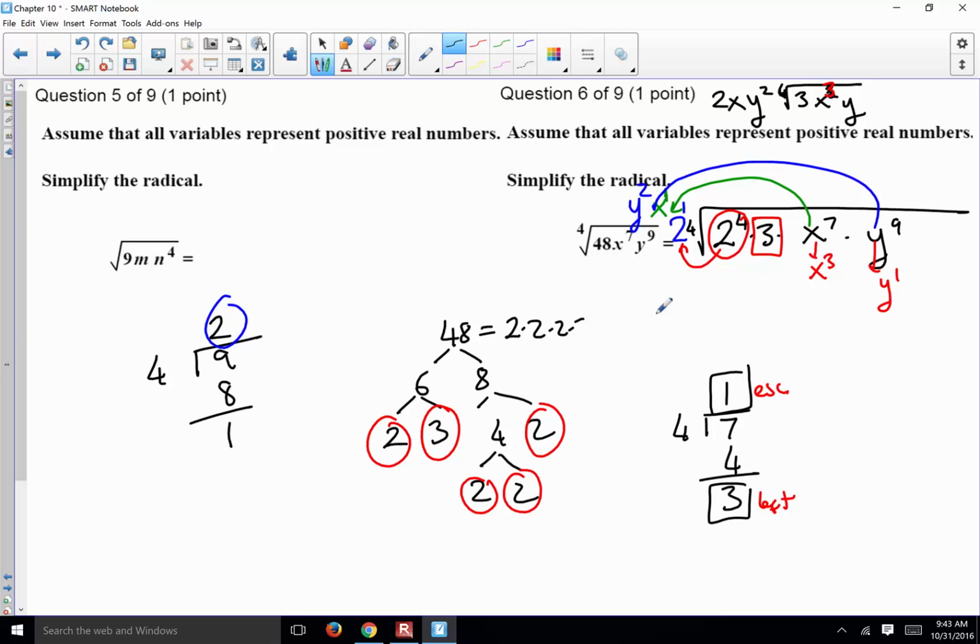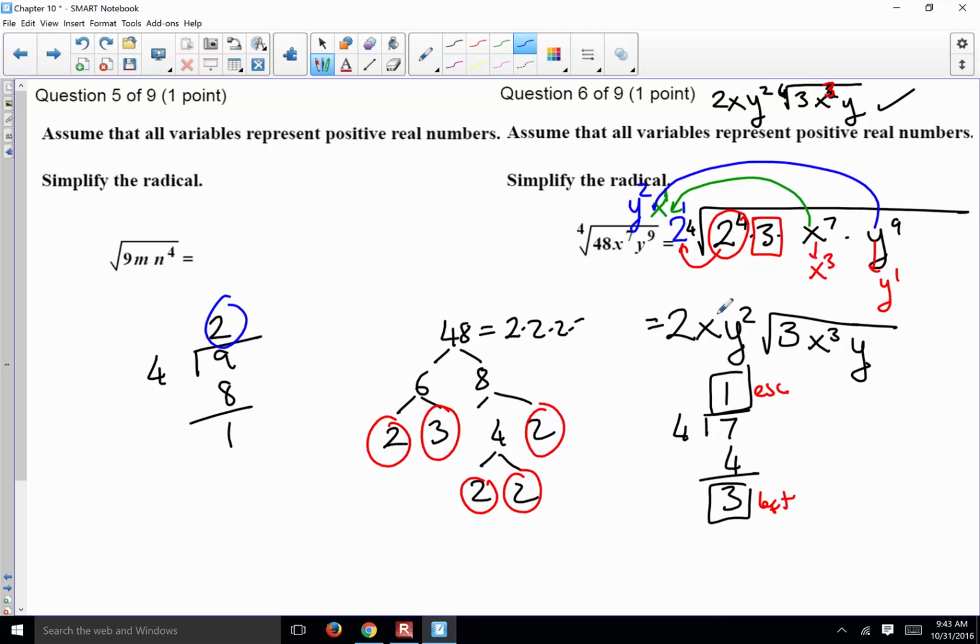Those who escape are 2x and y squared. Those who are locked inside, no money, is 3x cubed and y. Yep, the right match.